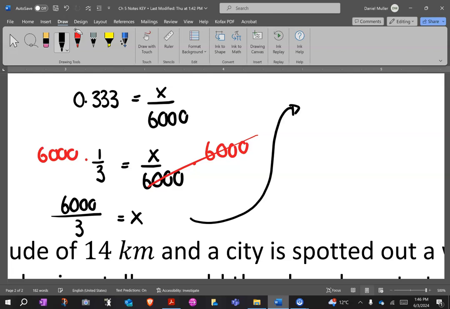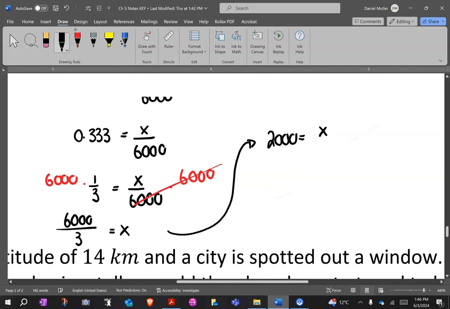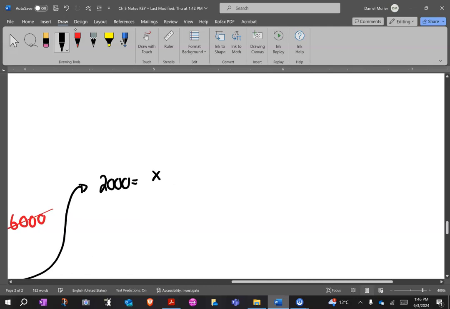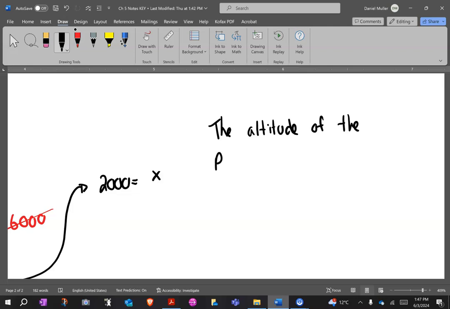So I'll write it like this, 2,000 equals x. So now we can say in sentence form, the height or the altitude of the plane is 2,000 meters.